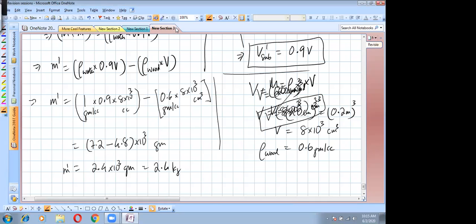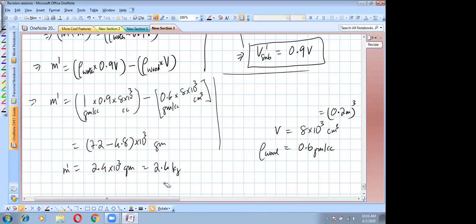Yeah, so this is the final calculation you'll get for the mass which is added. Okay, so hope you understood both the parts.